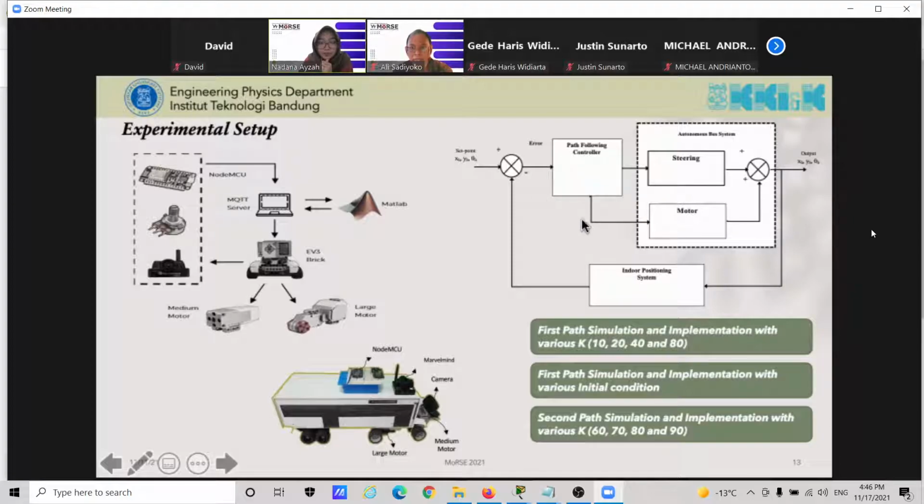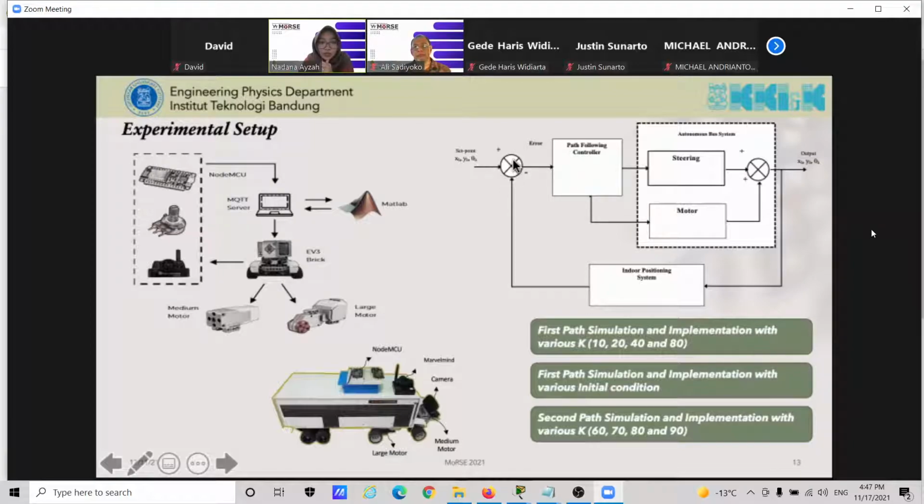This is the block diagram of the system. Basically, this is the desired position and desired orientation, and this is the output. The position and the orientation of the bus are measured using an indoor positioning system, and then fed back to the path following controller.